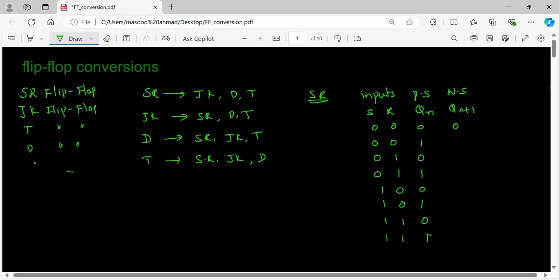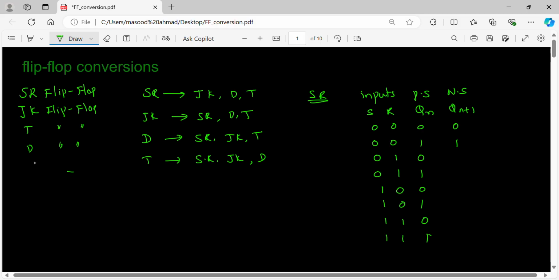That means 0 and 1. In these first two cases, S equals R equals 0. So here the next state is nothing but the present state. You are not asking for set, you are not asking for reset. So it is the no change state.